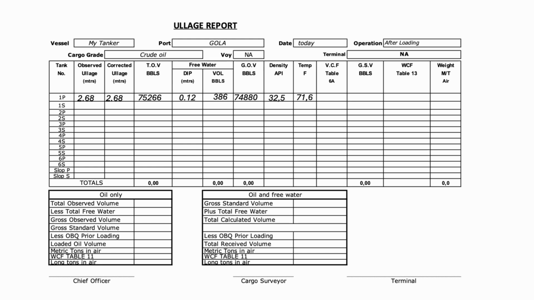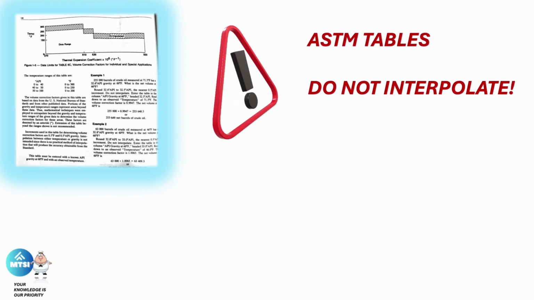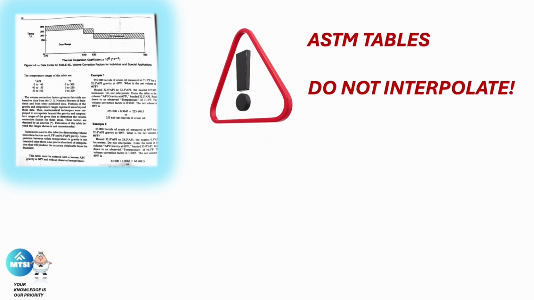Find the volume correction factor. Do not interpolate. Always round temperature and density to the nearest increment in the tables.